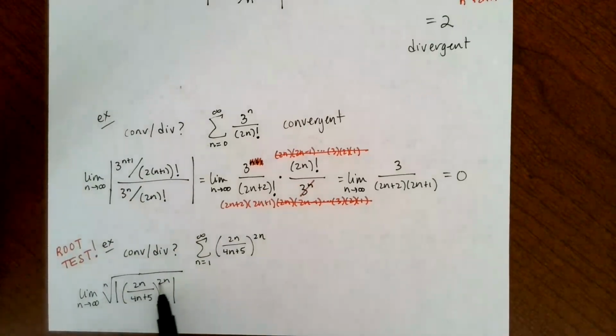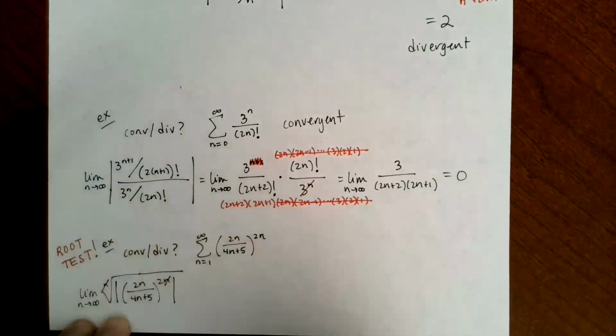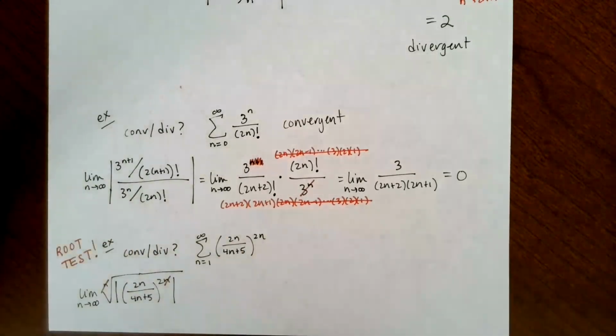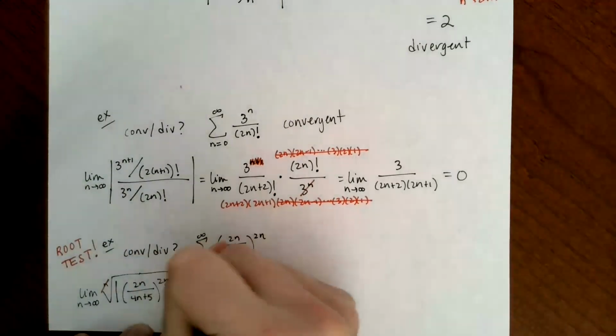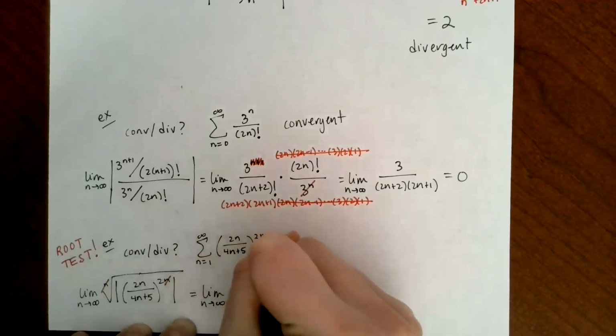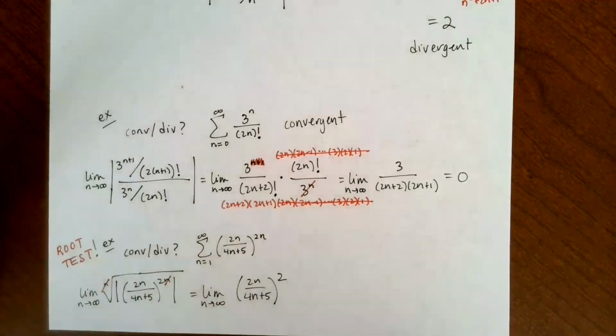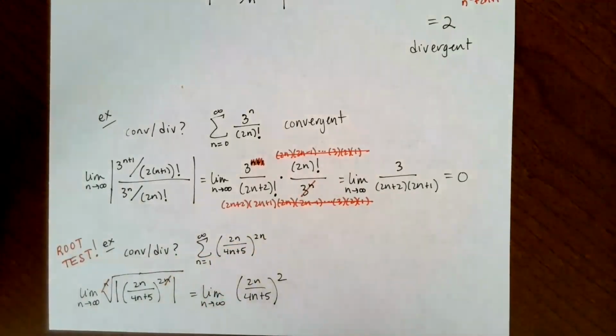So we have 2n as a power and then raised to the 1 over n power. The n's cancel. So I have this and this n cancel out. So 2n over n is just 2. Okay, so what is left is the 2n over 4n plus 5. Now it's just raised to the 2 power.